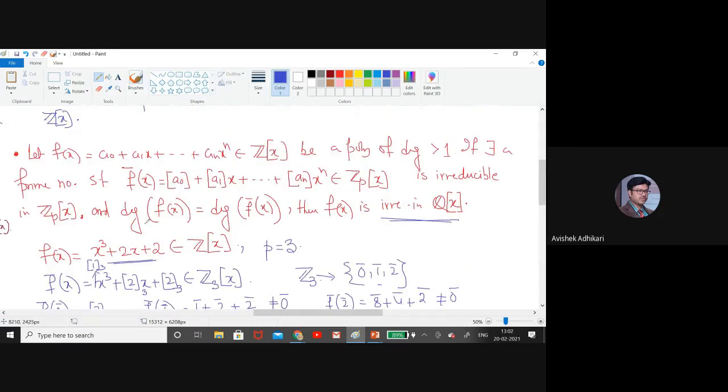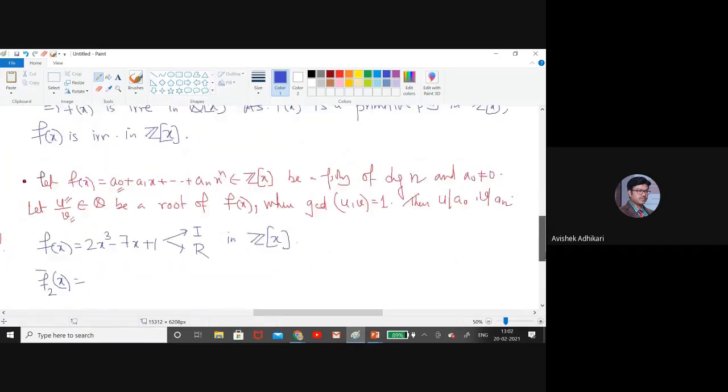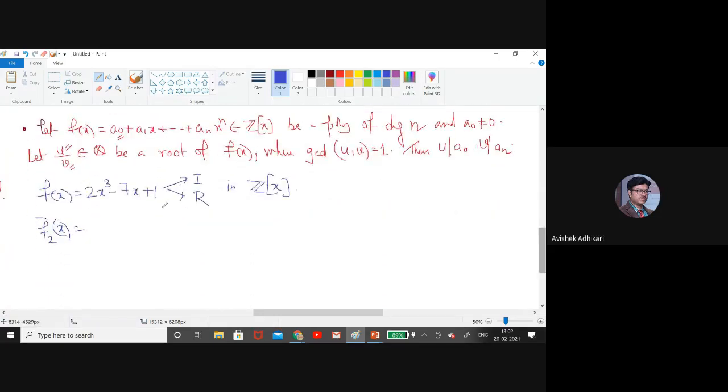So both the degrees have to be the same. This is very important. As a result, you cannot use 2 here. Okay, but I am giving you another way of solving the same problem. So here you can use maybe p equal to 3.